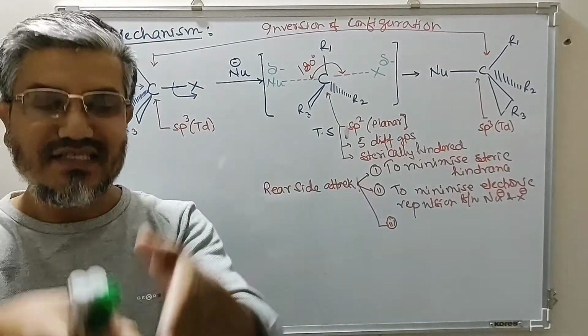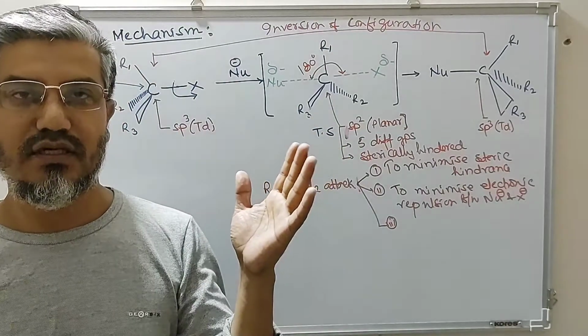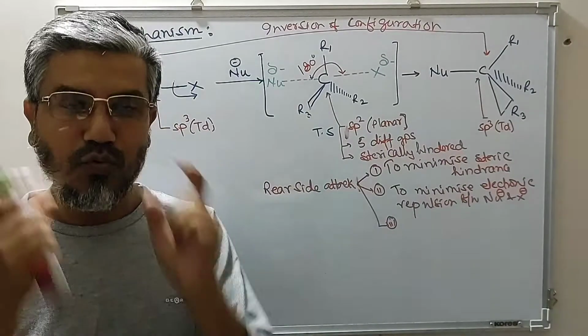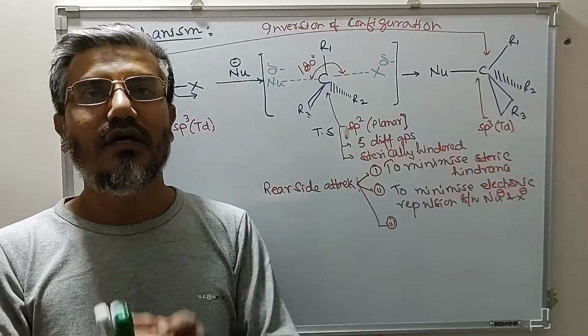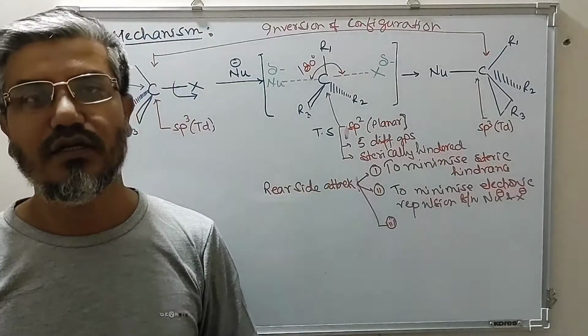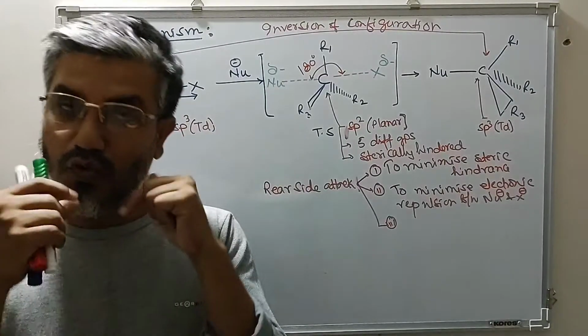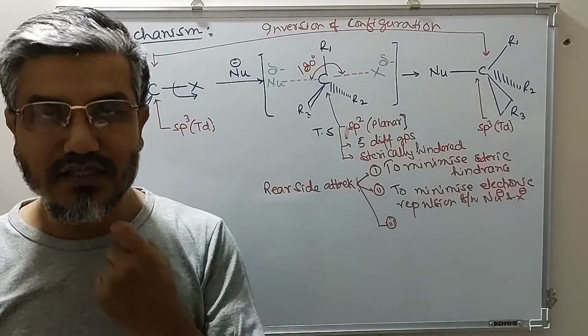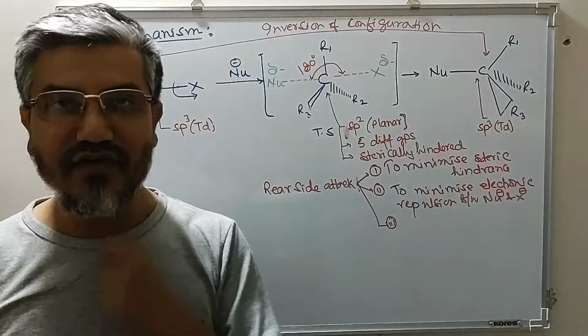If the leaving group and the nucleophile are on the same side, both will be attached to the same lobe of the p orbital. Both groups attaching to the same lobe, the extent of overlapping will be very small.